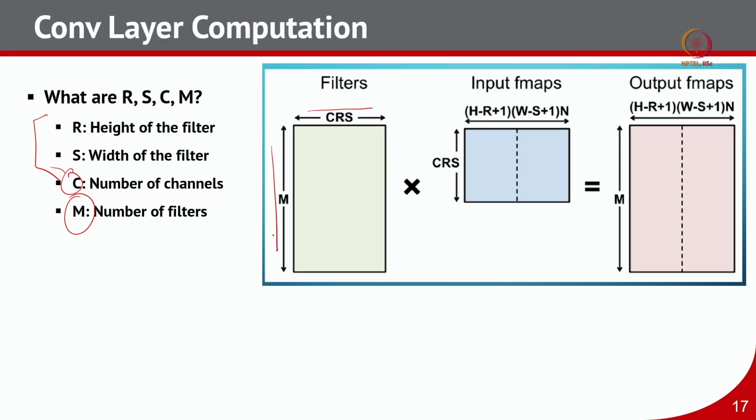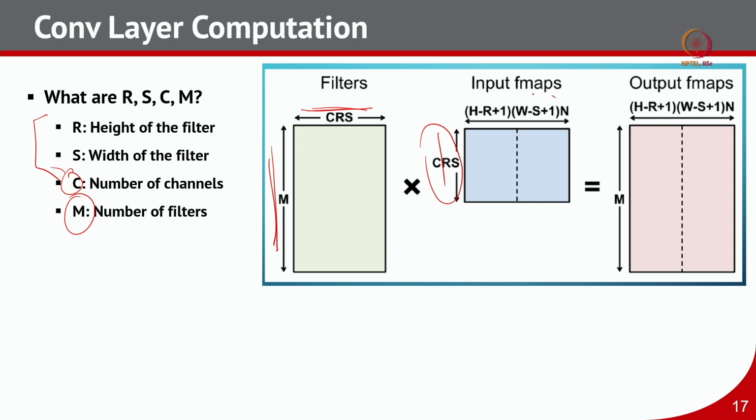Remember we stacked all the different filters in multiple rows. That's why we have this M. CRS, the number of channels as well as R and S, were flattened in the same row, correct. Then we have this input feature map. CRS will come here, because if we are doing matrix multiplication and we have CRS number of columns here, we have to have CRS number of rows.